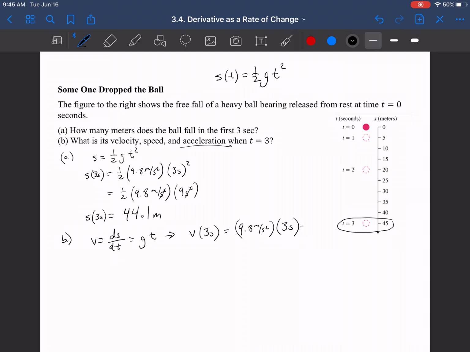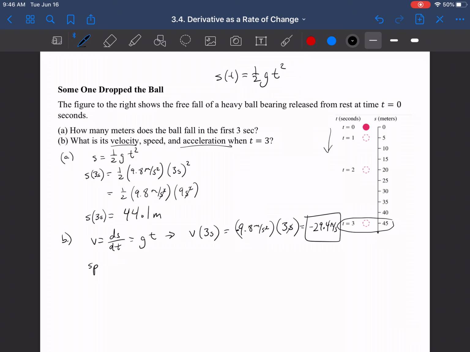In this case, this is a negative 9.8 meters per second squared because we're worried about velocity here, which includes direction, and it's falling downward. So we put a negative there, and this becomes negative 29.4 meters per second. There you go. The second cancels with one of those seconds. You're left with meters per second. Negative 29.4 meters per second.